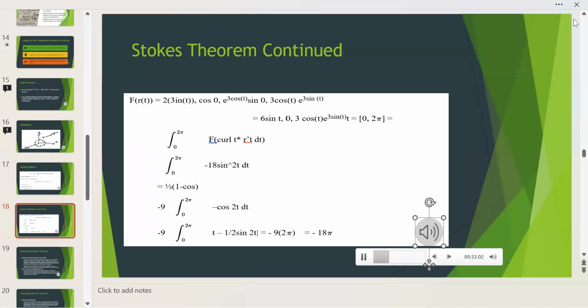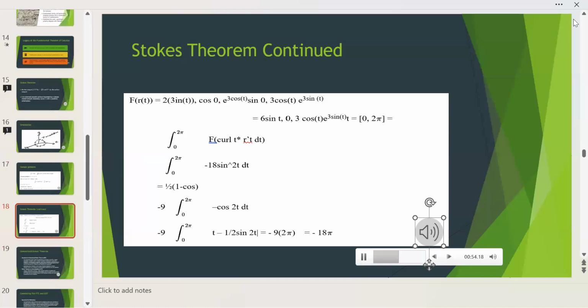The result is 6 sine t, comma 0, comma 3 cosine t times e raised to the 3 sine t times dt. This is evaluated from 0 all the way to 2 pi.